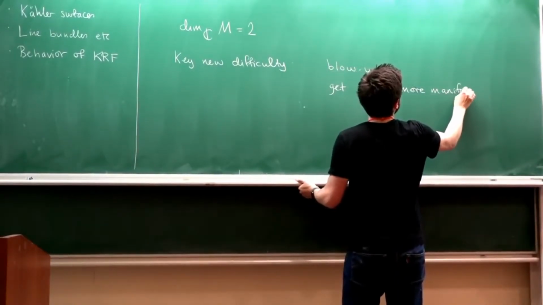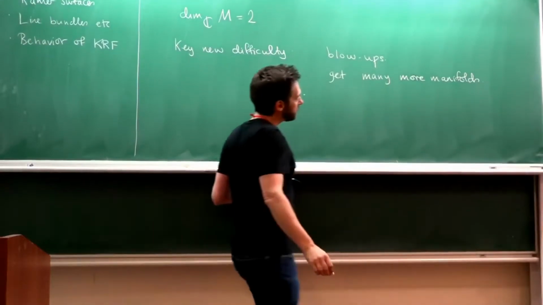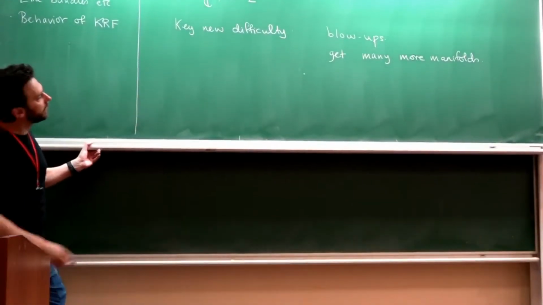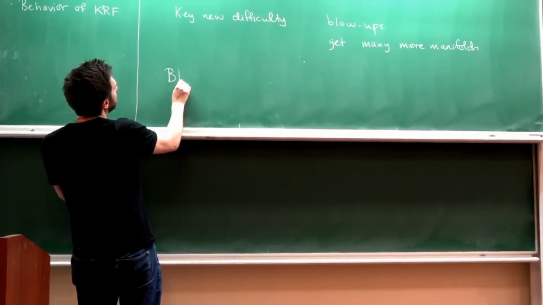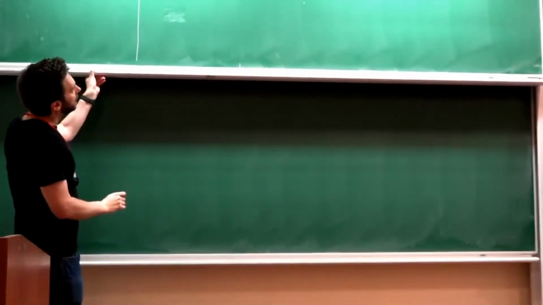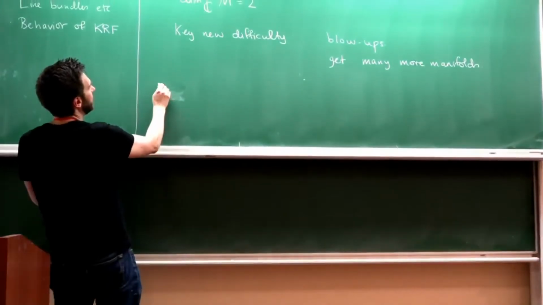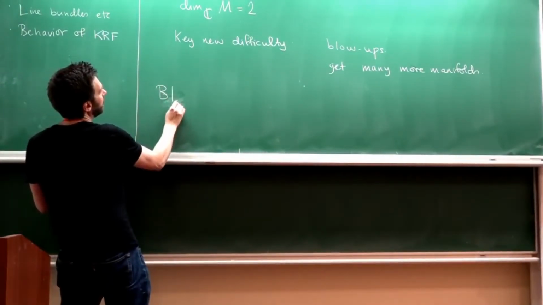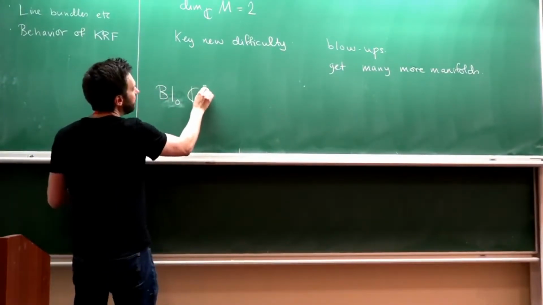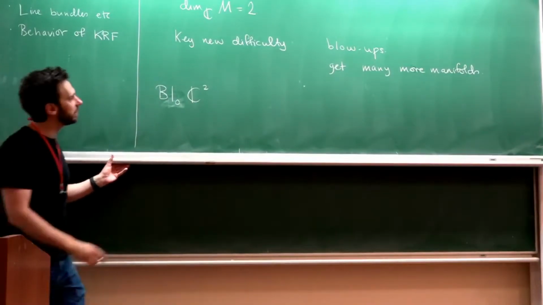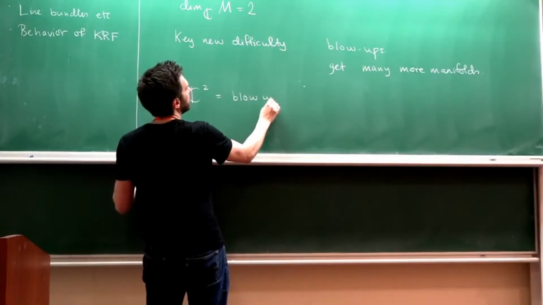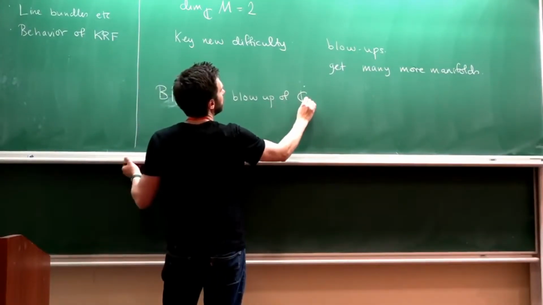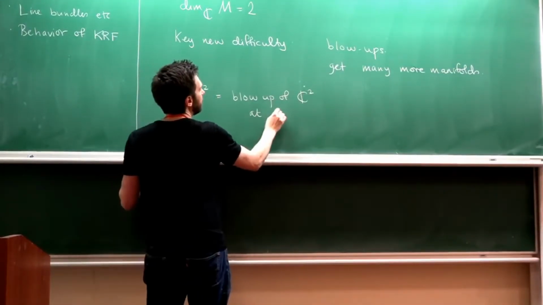So let me just explain. This is probably familiar to many of you, but maybe not all of you. Let me start with C2, working in two complex dimensions. This is the blow-up of C2 at 0. And what is it?